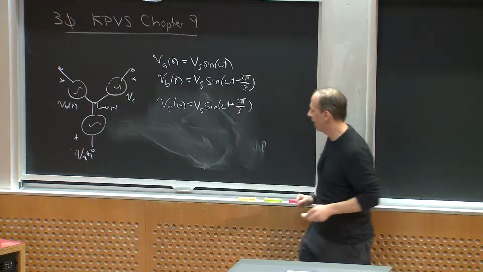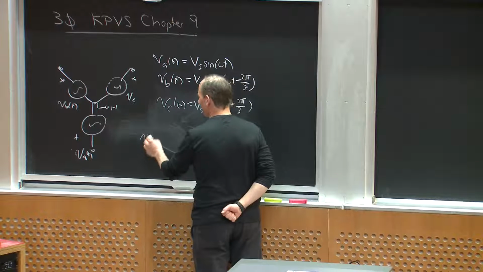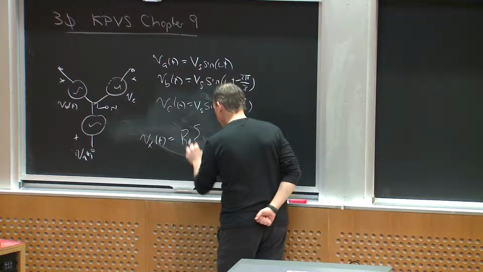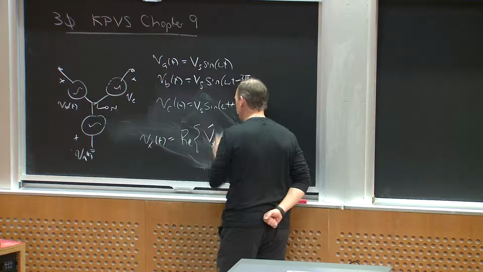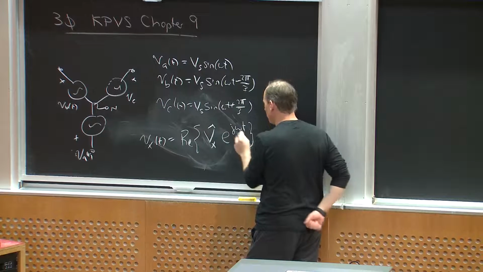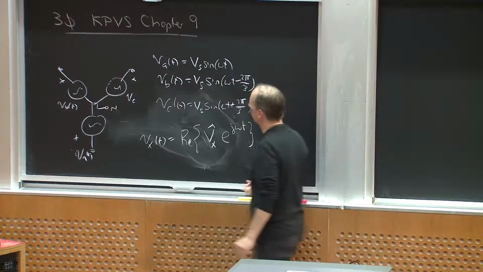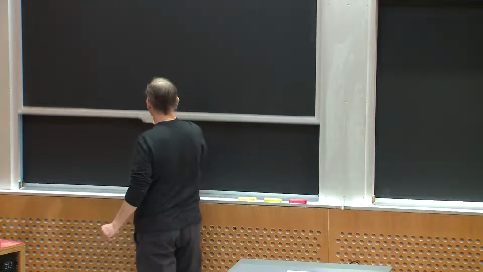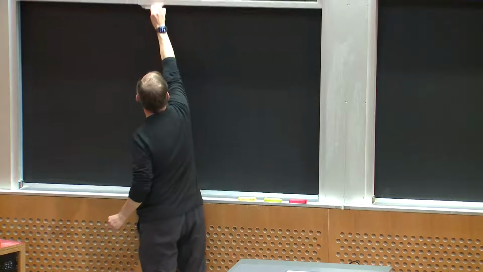We said we could represent any such individual signal as a phasor. So we might say Vx(t) is equal to the real part of Vx hat, which is the phasor, times e^(jωt), which represents the sinusoidal nature of it. So Vx hat contains the magnitude and phase.